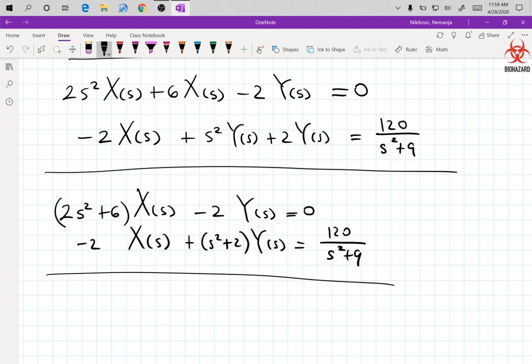So I just need to solve for x of s and y of s in terms of all of the other mess.